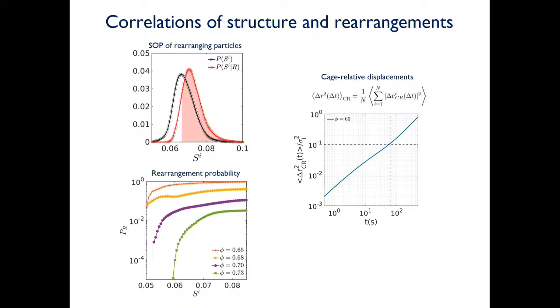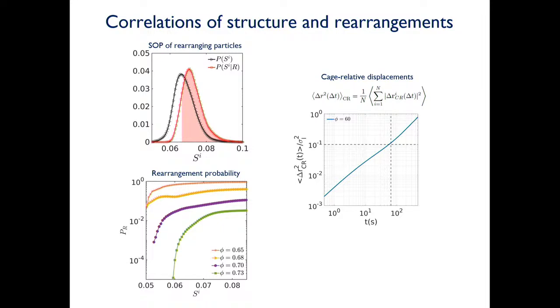The second way is looking at the rearrangement probability. Once again, this is computed as a function of the order parameter or the softness in the system. You see that the rearrangement probability increases with increase in softness. What it says is that the softer the particle, the larger is the probability that it will rearrange.